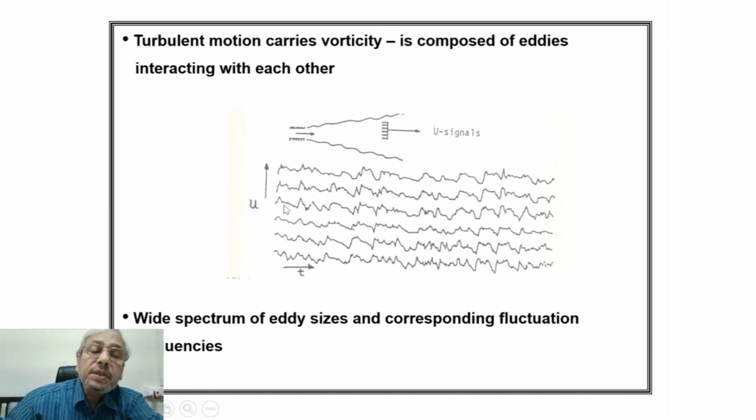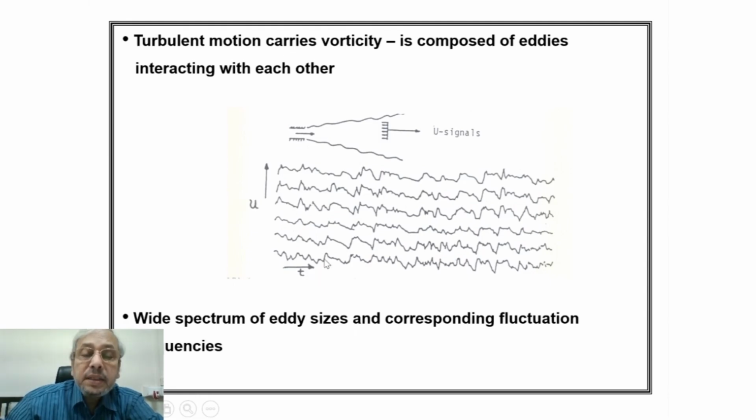So you can see that at different positions the u velocity together with its fluctuations, how does it vary? This is variation of u at maybe this location, then u at this location, and then u at this location. How does it vary with time?